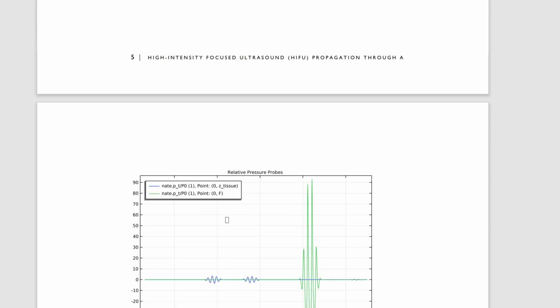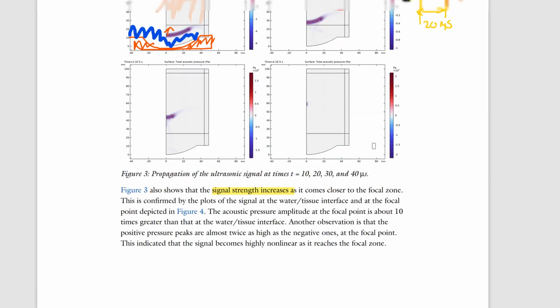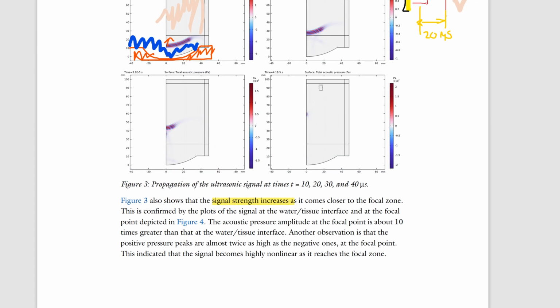Z must be the tissue interface. Is there another one? No. I'm assuming we're at the tissue interface here, tissue interface here, tissue interface here. Tissue interface is getting less pressure, but then our focal point has very high pressure. So this is focusing, non-focused. Focusing, non-focused. So if we would see this being higher.